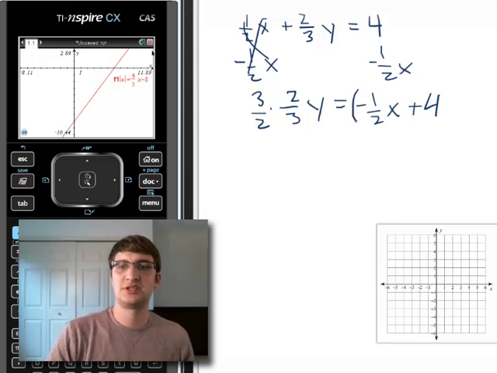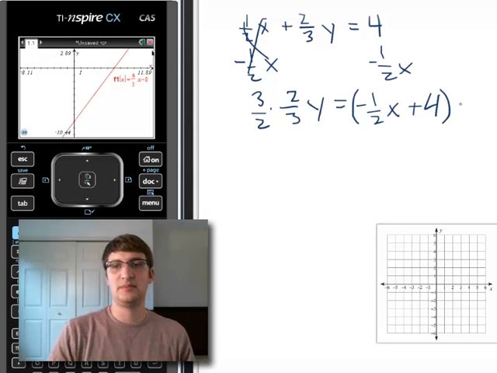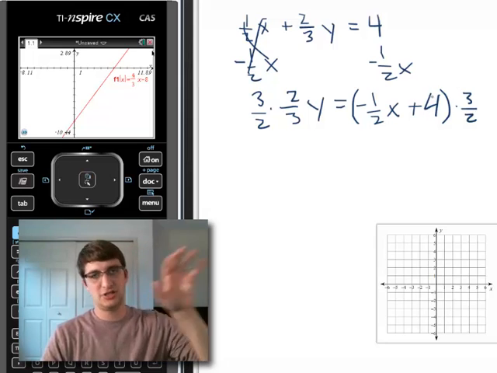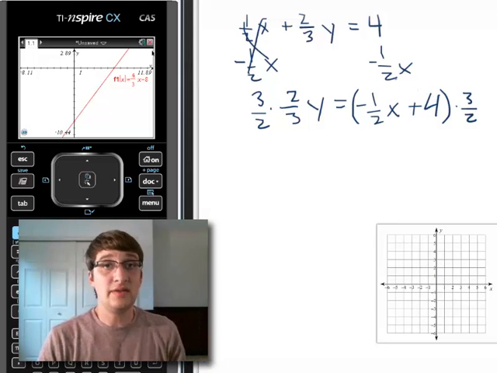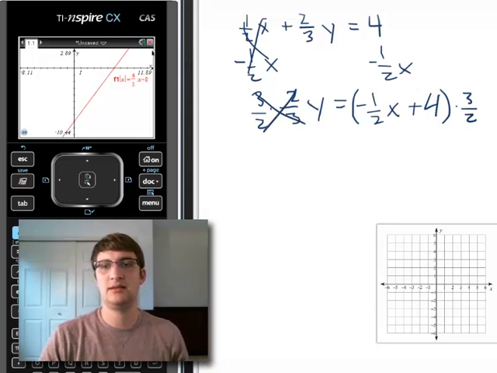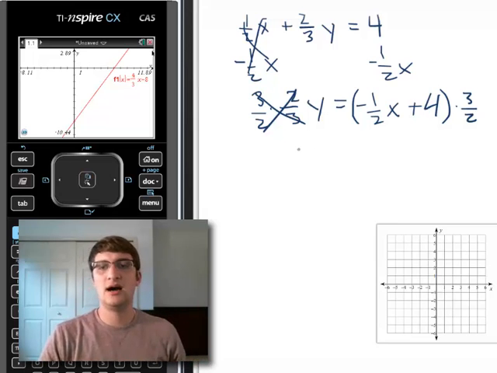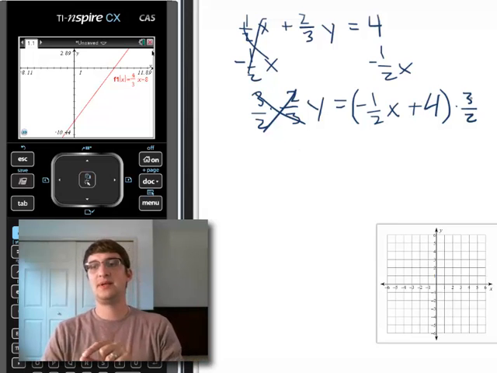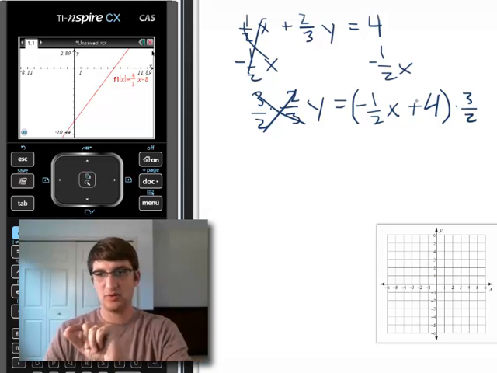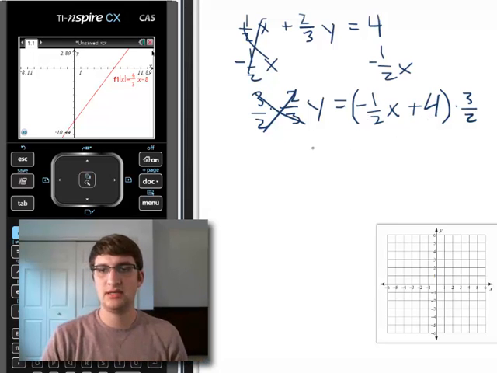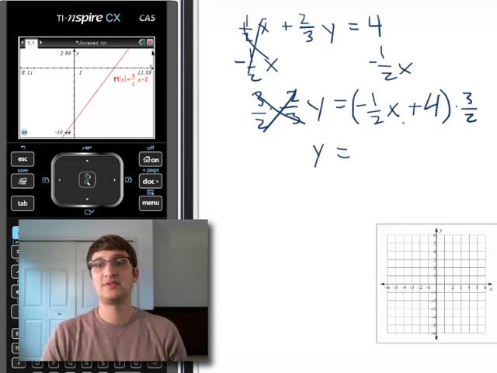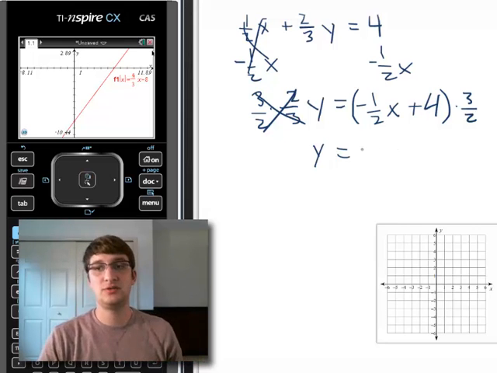So I'm going to, using parentheses, show that I'm going to take 3/2 and multiply it by each term on the right side of the equal sign. Again, this will cancel out completely. I'm going to have to multiply 3/2 by both of these terms in the parentheses, okay? So y equals, first of all, negative 1/2 times 3/2 is just going to be a negative 3/4.